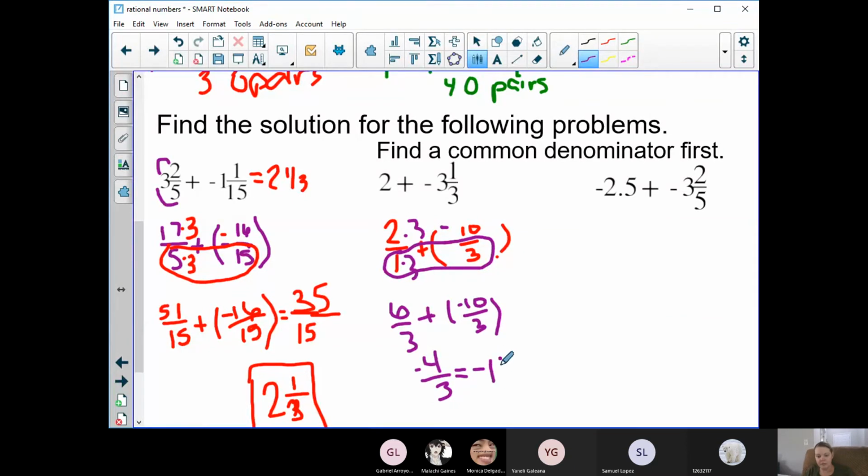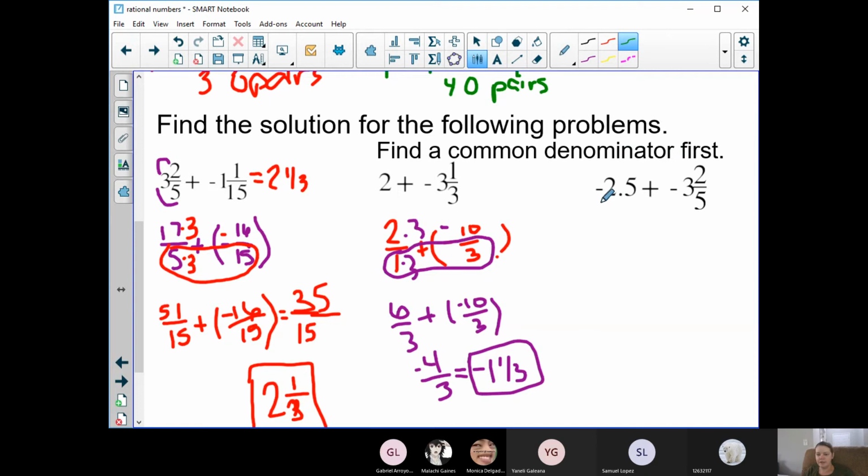Negative 1 and 1/3. Any questions about that one? Okay. All right, last one.